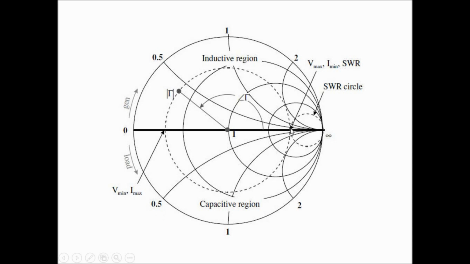So at this point we have the maximum voltage point, and this has the minimum voltage point. If you start from here and move in this direction, this is called toward the generator. So we are going toward the generator. This is your load, you are going to the generator. This region is the capacitive region, this is the inductive region.